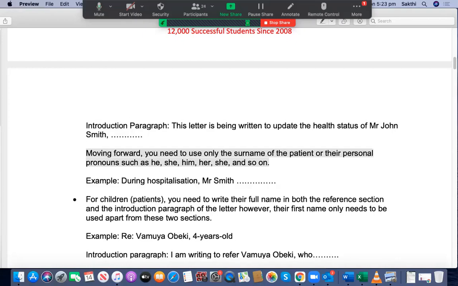For example, during hospitalization, this is one of the supporting paragraphs, we are writing down like this: during hospitalization, Mr. Smith. We didn't write down Mr. John Smith once again, because we have already given the full name of the patient in the introduction paragraph and in the reference section of the letter. So we don't need to provide the full name once again here.